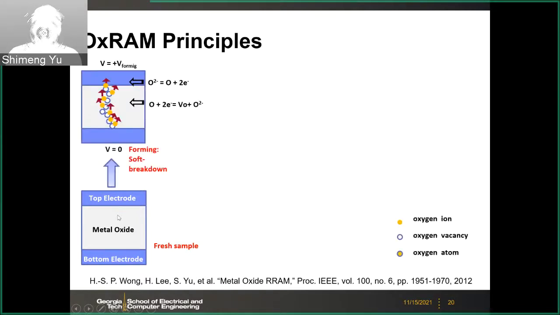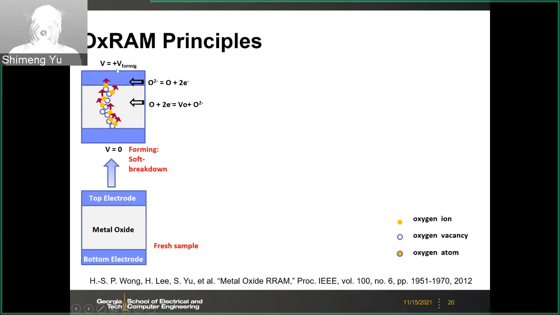So this forming process is really to create the oxygen vacancies. Of course, as I discussed earlier, you can have some capping layer to initially introduce some of the vacancies. But still, you may need a larger voltage to trigger the switching the first time.